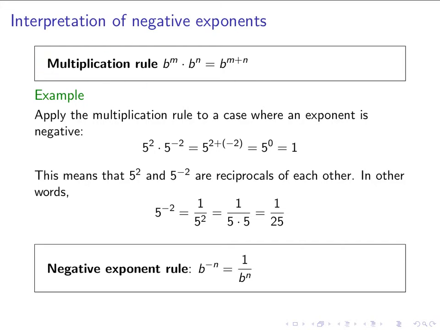Well, the word for that is being reciprocals of each other. If the product of 2 numbers is 1, that means that they're reciprocals of each other. Since 5 squared is 25, that means 5 to the -2 needs to be 1 over 25. So if this is 25 and this is 1 over 25, then when you multiply them together, you get 1. And so the more succinct way to write that is what we have here.